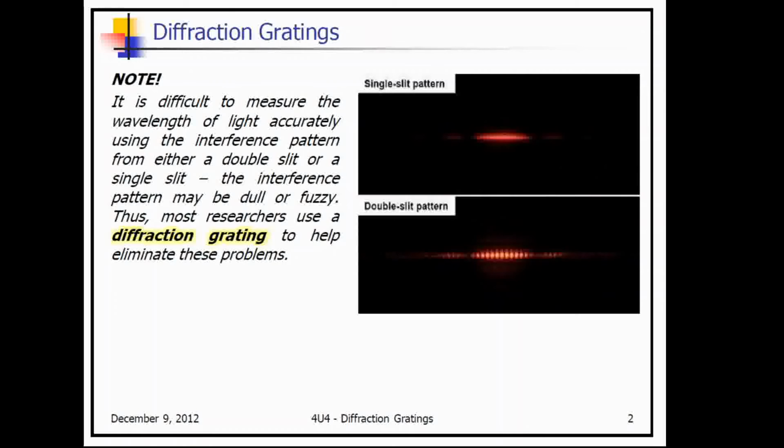With a double slit, we're limited on the number of fringes we have, bright and dark. For a single slit, again, we're limited. A diffraction grating will give us many more slits, which makes it easier to measure.